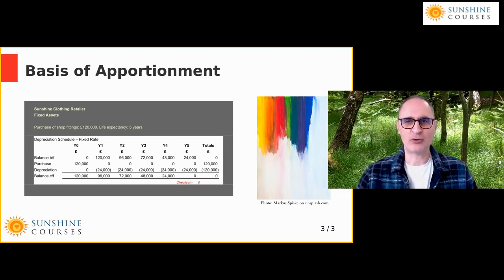And in year 2, we start the year with £96,000, which was the figure from the bottom of year 1. And if you look at the overall totals, the totals at the end of year 5, just for this asset alone, show that we start off with nothing. We spent £120,000. We depreciated over that 5-year period the whole of £120,000.